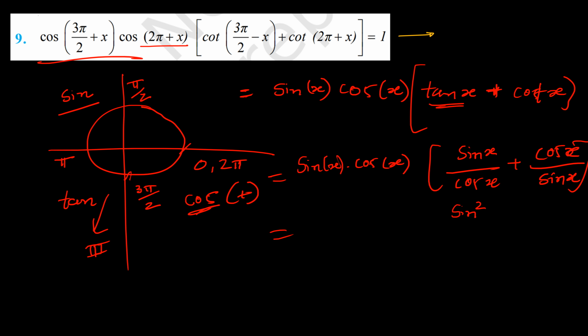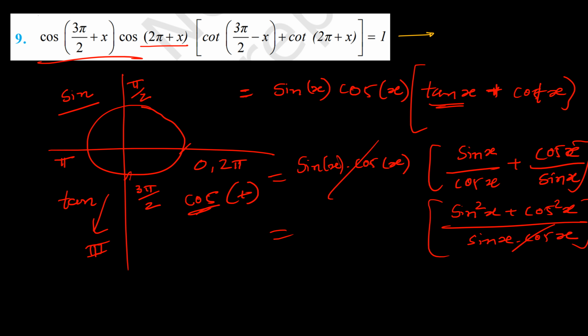So (sin square x plus cos square x) over sin x into cos x, which cancels out, and as we know sin square x plus cos square x is equal to 1. So we get 1 as our RHS. So we solved this problem. I think it took only 2 minutes to solve the last question.